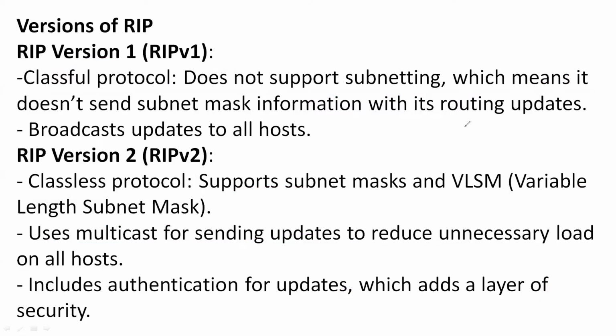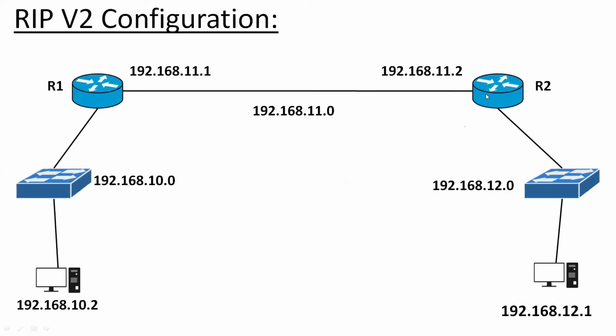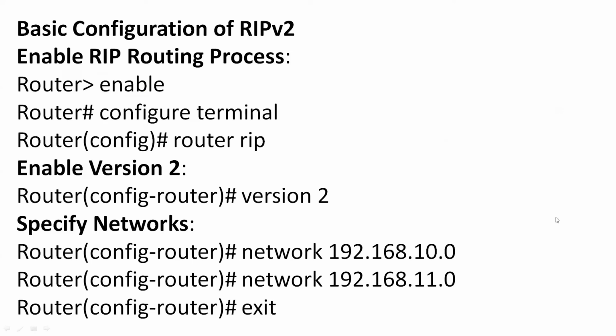This is the network that we are going to configure via RIP version 2. First we will configure router 1, then router 2. For the configuration, go to global configuration mode, then put the command router rip, then version 2.